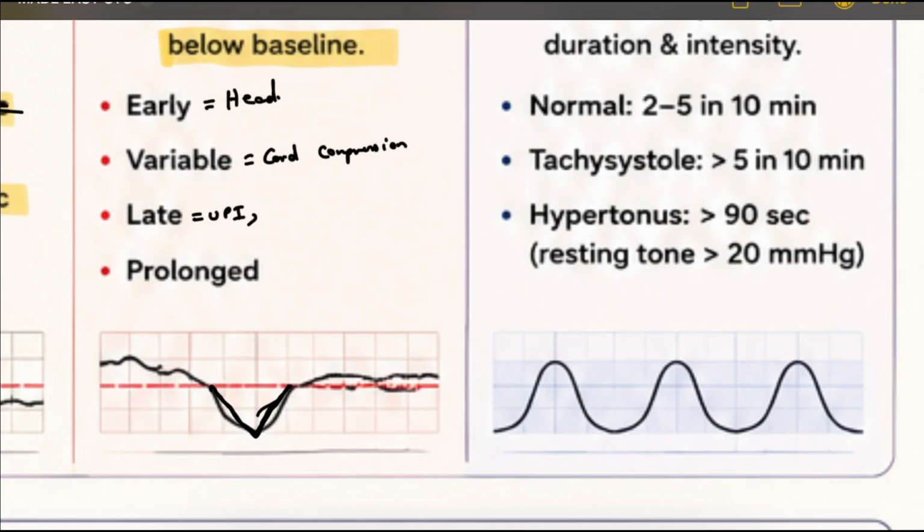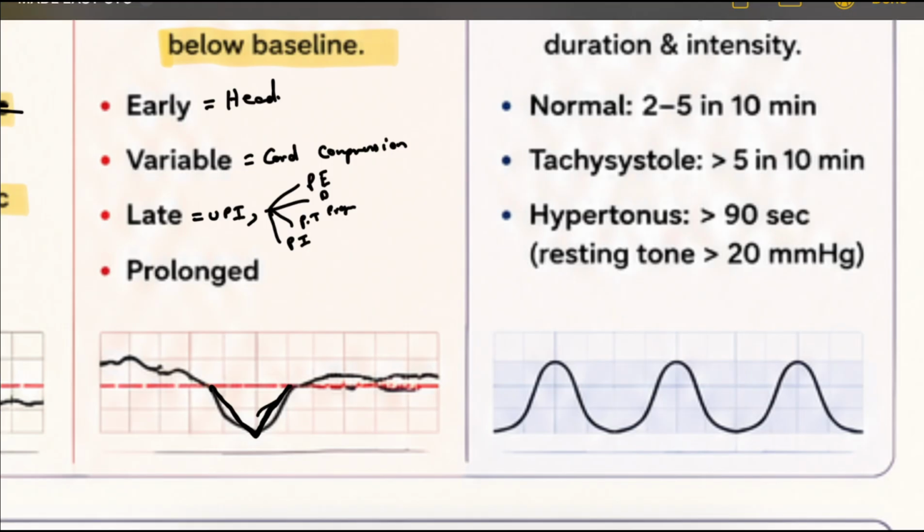The common causes we can see are preeclampsia, diabetes, post-term pregnancy, and placental insufficiency. For example, a contraction occurs, the heart rate falls after the contraction, repeated late deceleration. So the diagnosis will be fetal hypoxia.